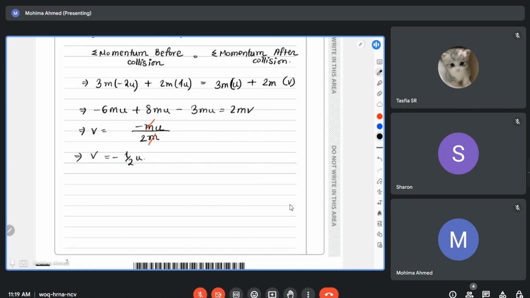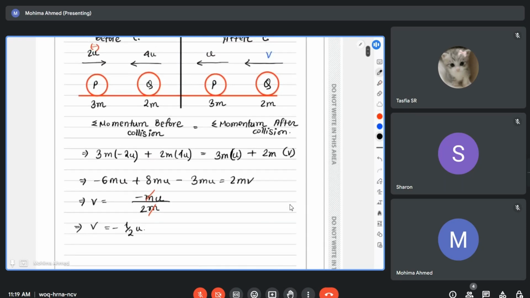So now again, in front of this value you have a minus sign, right? This minus sign actually represents your direction. Now, in the question, they never stated anything about the direction for this particle Q, right? After collision, they never said that it continued to move towards left. From our assumption, I thought it would move towards left. But since my assumption is wrong, that's why you're getting this negative over here.